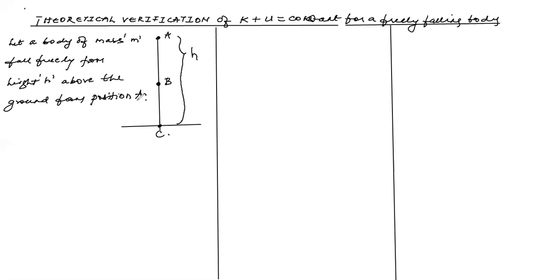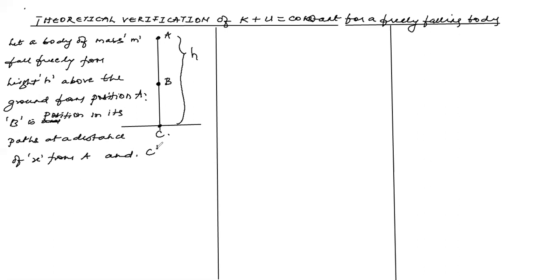And it reaches, please have a look here, B, a position in its path at a distance of x from A, and C be the position on the ground.